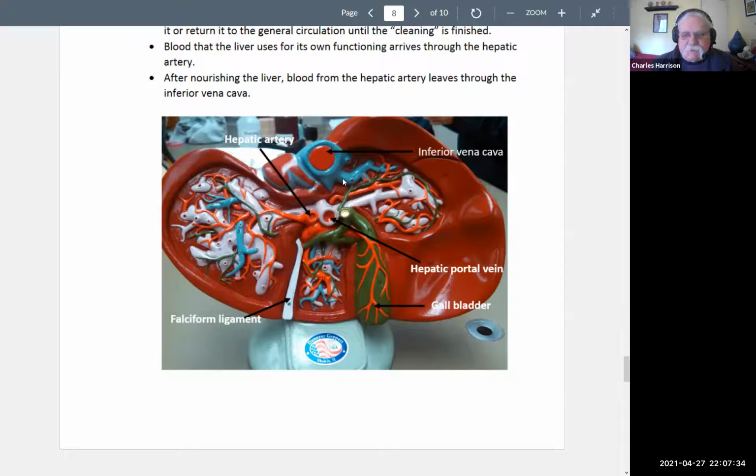These are the hepatic veins. We had the hepatic portal vein, and now just the regular hepatic vein. And that takes the blood detoxified into the vena cava. Here's the vena cava, which runs along your back, and not your front. So that's why this is the back, and this is where you're standing looking at it.